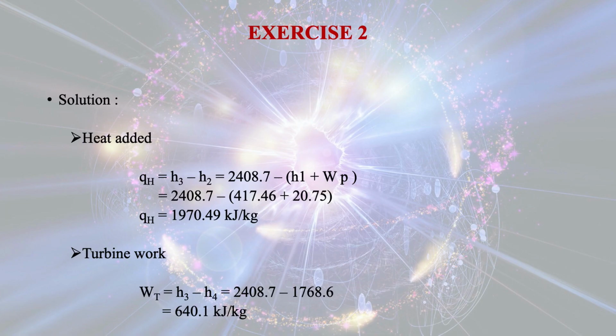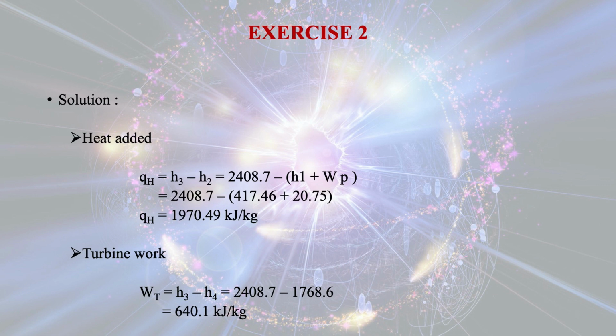So heat added, that is QH, is equal to H3 minus H2. So that is equal to 2408.7 minus within bracket H1 plus WP, because H2 is equal to H1 plus WP.